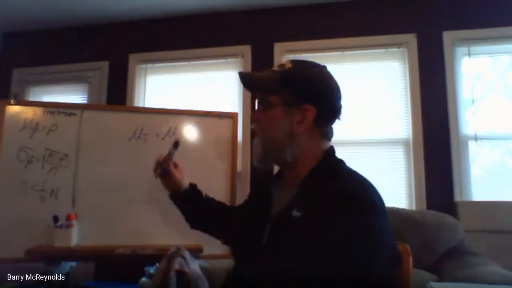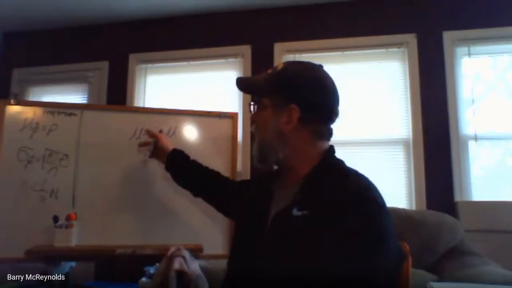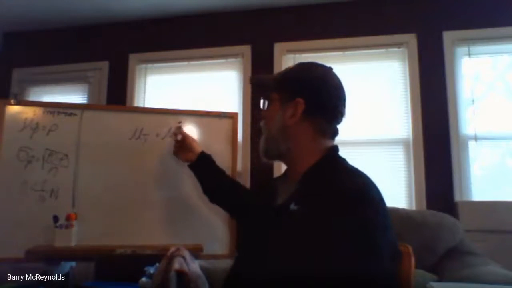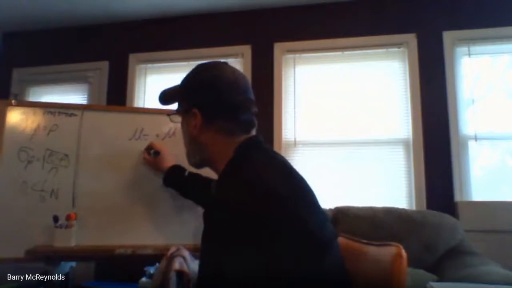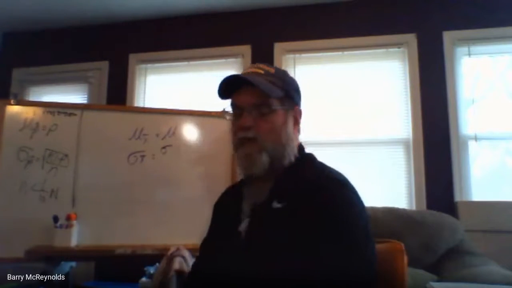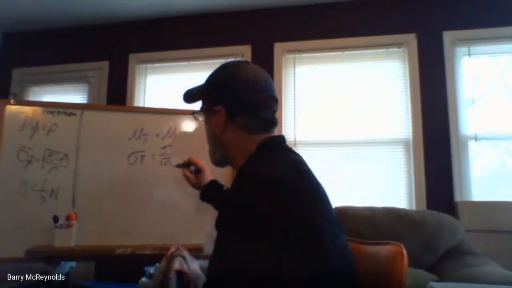So the mean of X bar for all the samples that we take, when we calculate the sample mean X bar, the mean of all those will just turn out to be equal to the mean of the population. And the one we have to pay attention to is the standard deviation of X bar. It's equal to the population standard deviation divided by the square root of n.